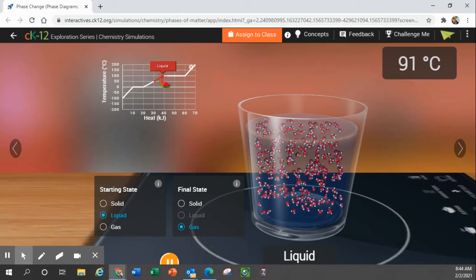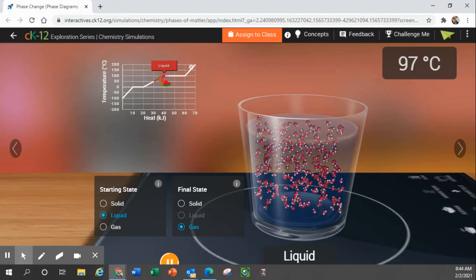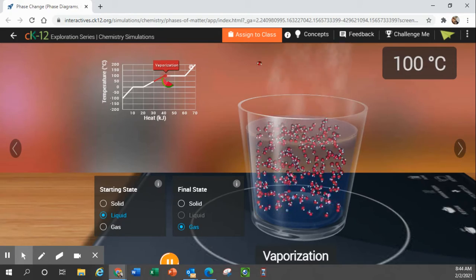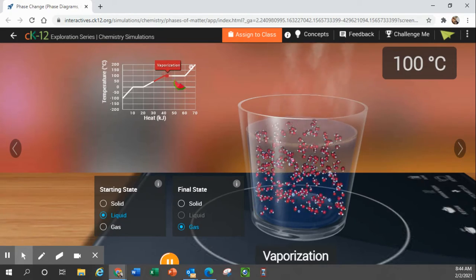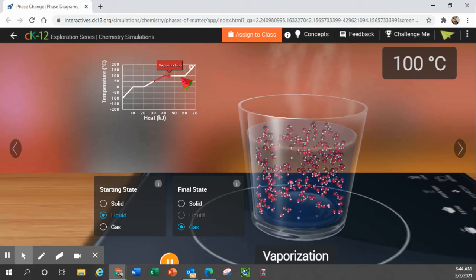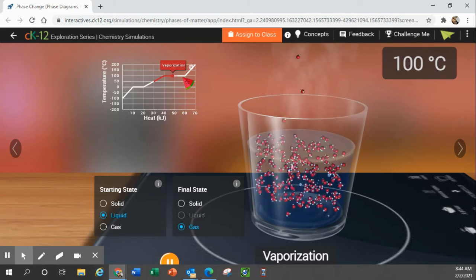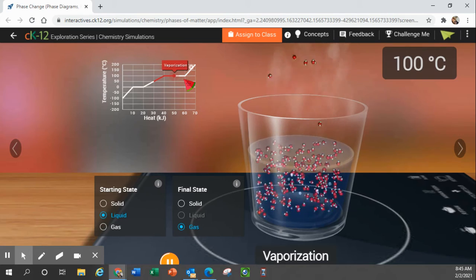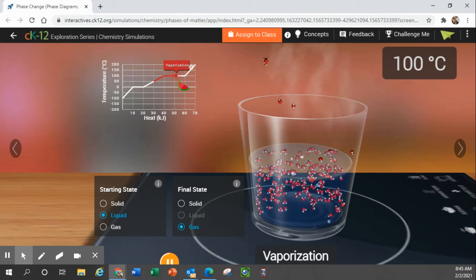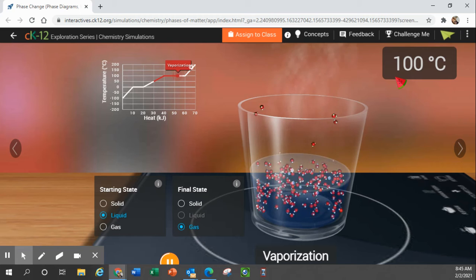It's starting as a liquid. As it climbs up, the temperature is increasing. Then here is the vaporization stage, and it stabilizes. The temperature is not going up. The temperature is staying at 100.